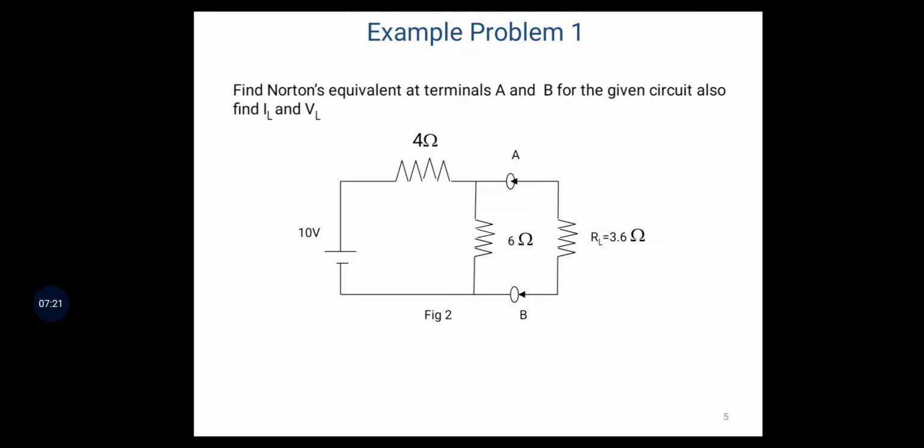In this circuit, if we want to find IN, we short circuit the AB terminals, and when we find R Norton, we open the AB terminals and see what the equivalent impedance is from the open terminals.